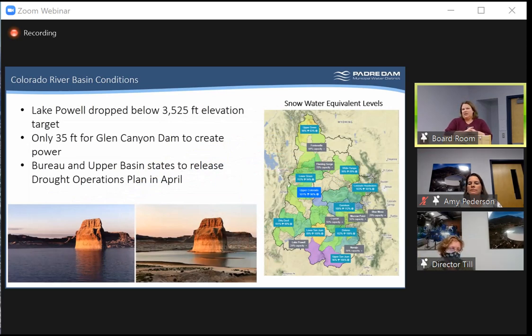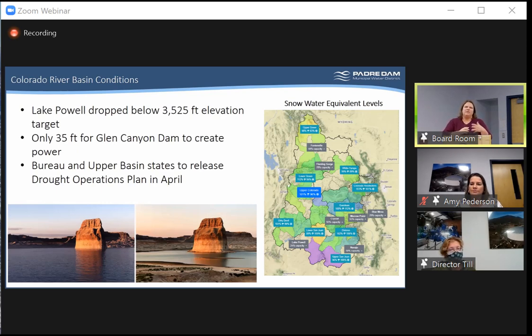So as of yesterday, Lake Powell dropped below 3,525 feet, which was the elevation target that they were really hoping for. That leaves the dam only 35 feet above what they need to create power. They expect that will go back up in about two to three months as they begin to see snowfall, but they anticipate that it'll continue to drop back down at an even earlier point in the future.